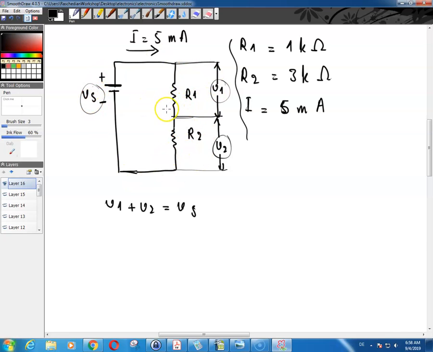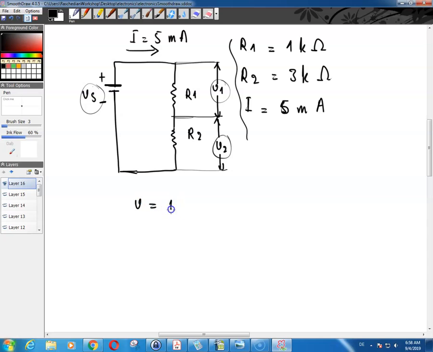So to calculate, for example, the voltage drop across R1, you can use Ohm's law.